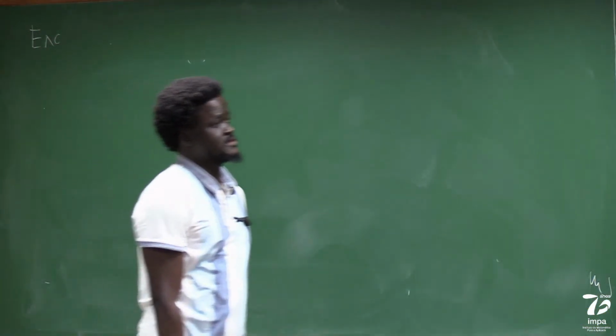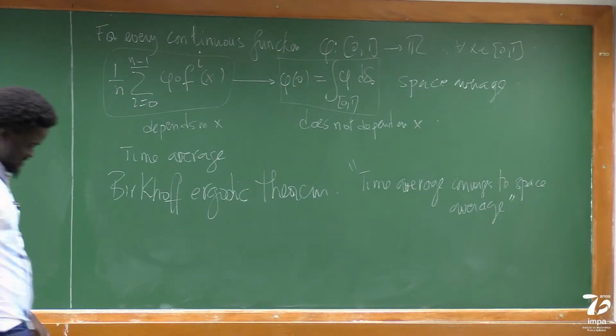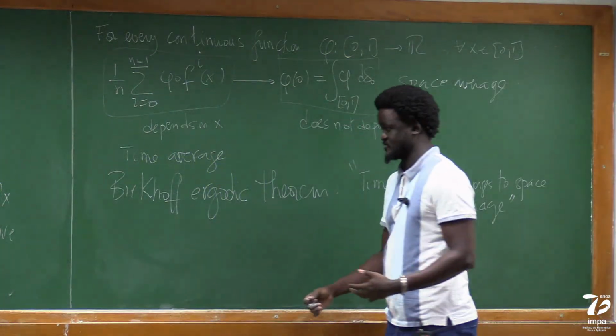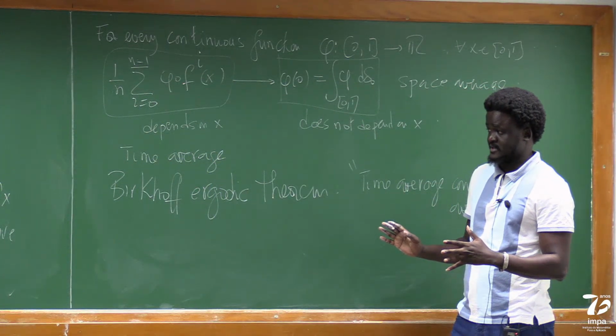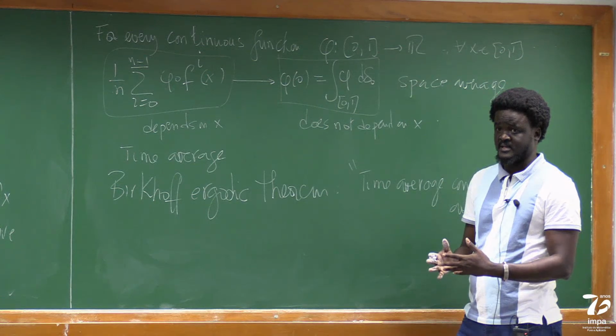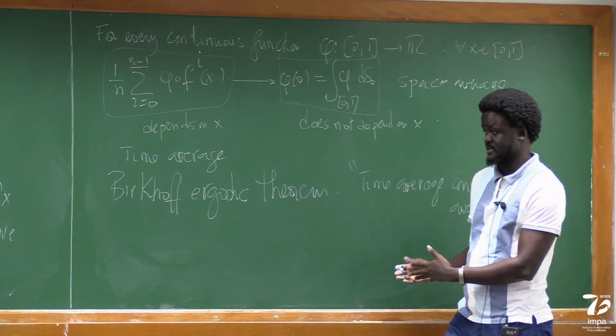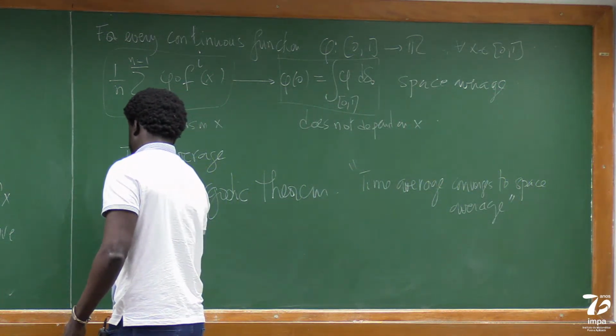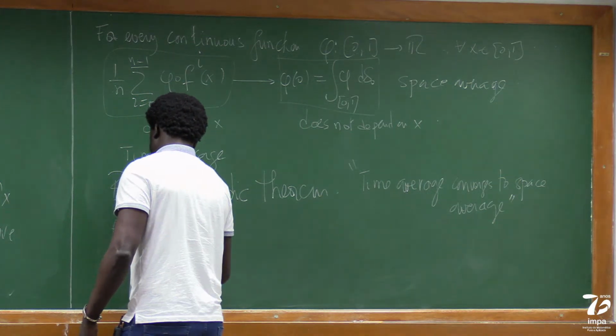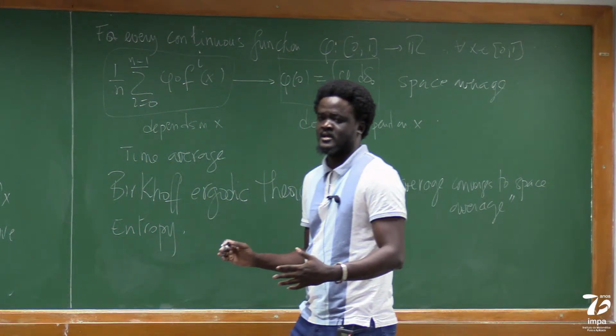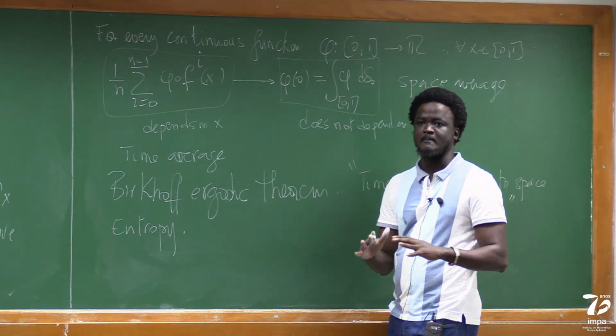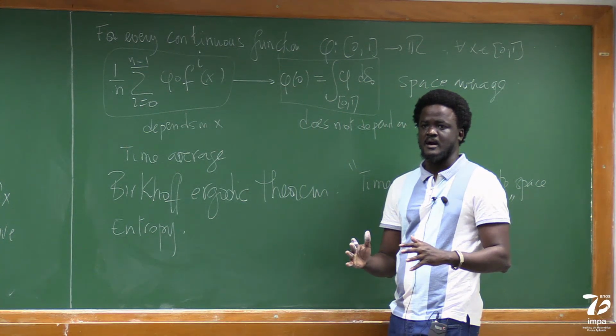By the way, I forgot to say, for this type of system, why I said it is not very difficult to study, is that there is a notion of entropy associated to every system. We will study this in detail. It measures the complexity of the system. So how complex is the system?